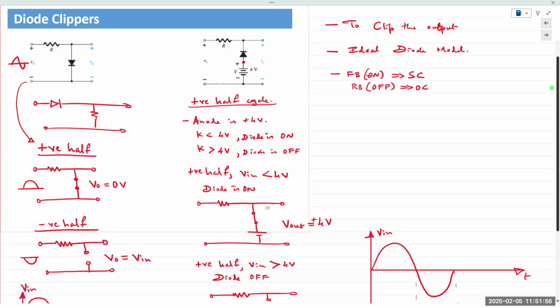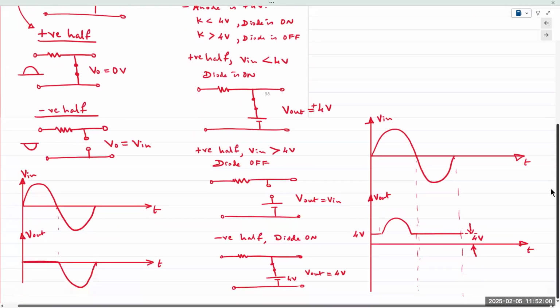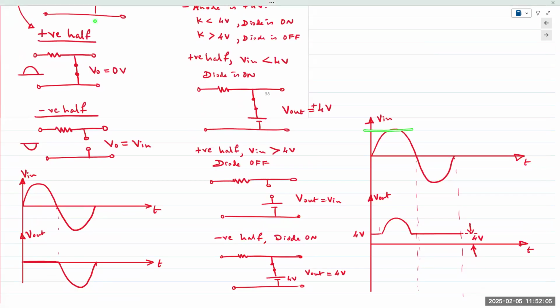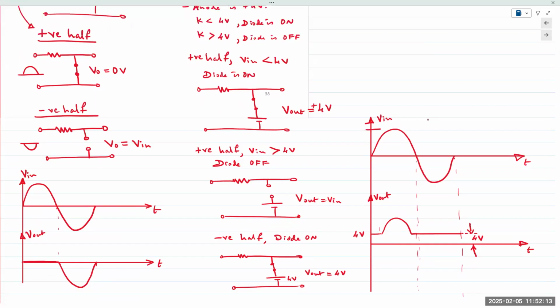So if we apply a sine wave, and let's say this is a random value, let's say 10 volts. Okay, so let's say V in was 10 volts, and this is minus 10 volts.